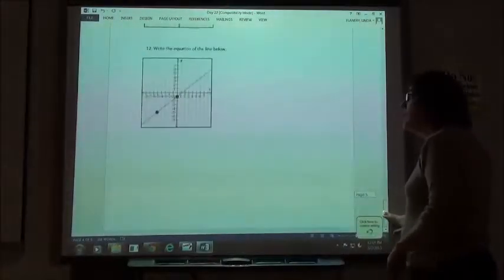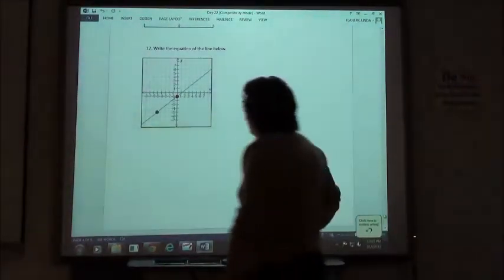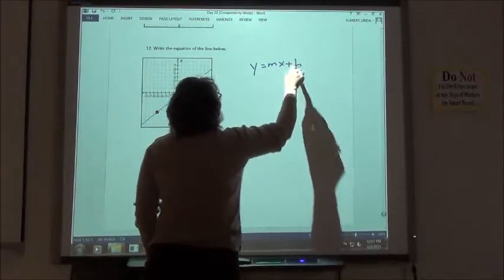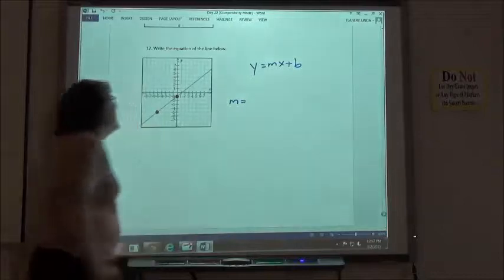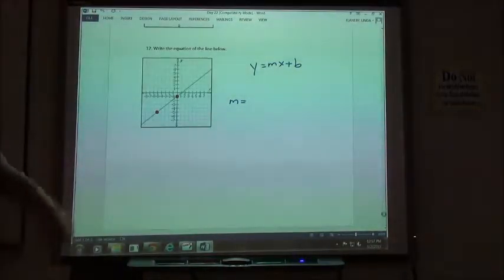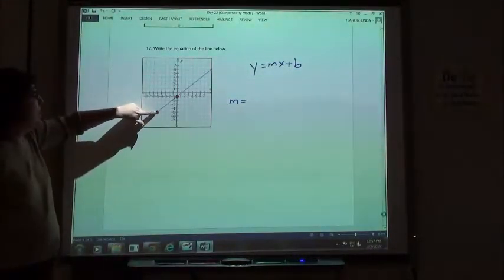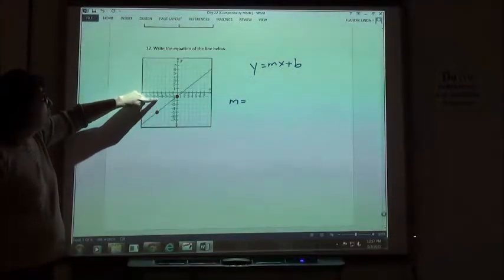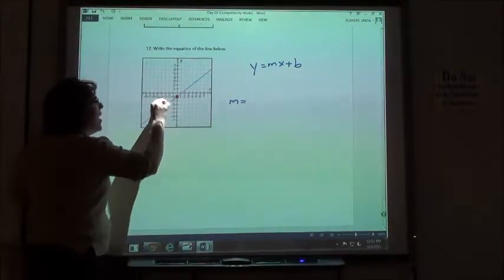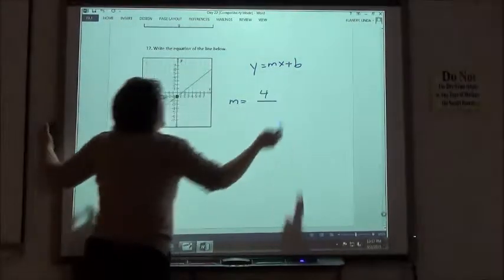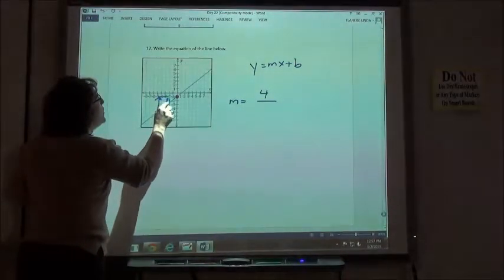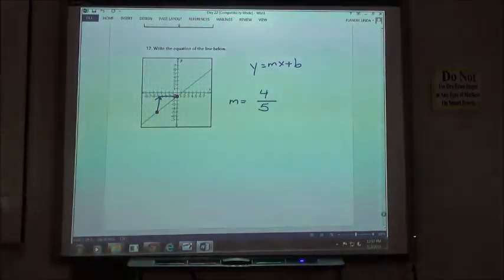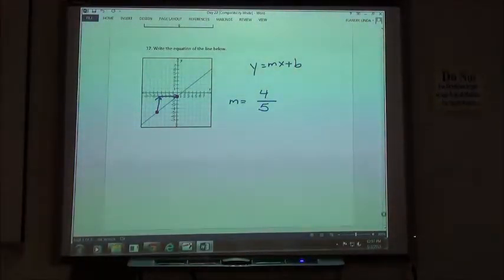And the last one on here then, write the equation of that line. So y equals mx plus b, my slope. Oh, this time my slope's going to be positive. If I start here, I'm going to go 1, 2, 3, 4 up. So positive 4 and over 1, 2, 3, 4, 5. 5 to the right. So up 4 over 5 means I have a slope of 4/5.